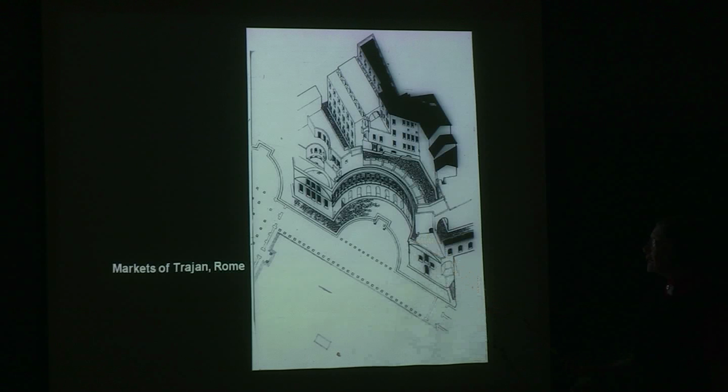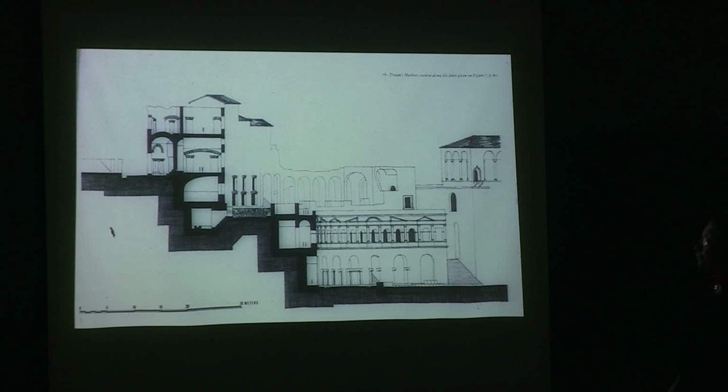And in the Markets of Trajan, we see one of the more monumental instances, which is not private architecture, and which is not a bath, architecture on a small scale. So this is a rather significant building in that respect.